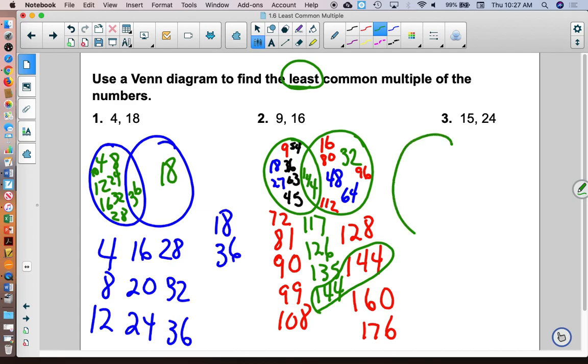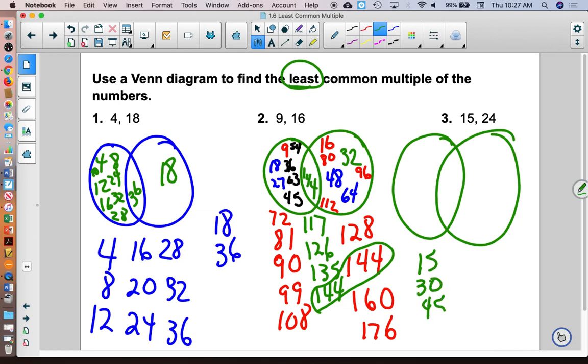15, 30, 45, 60, 75, 90, 105, 120, 135, or 150.